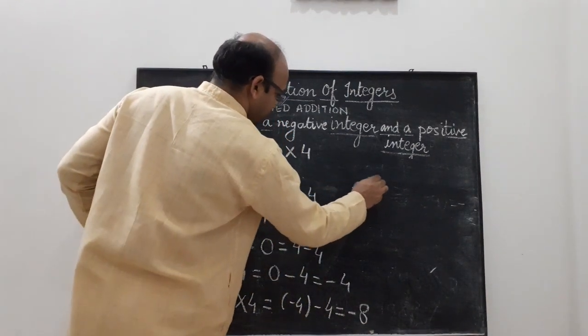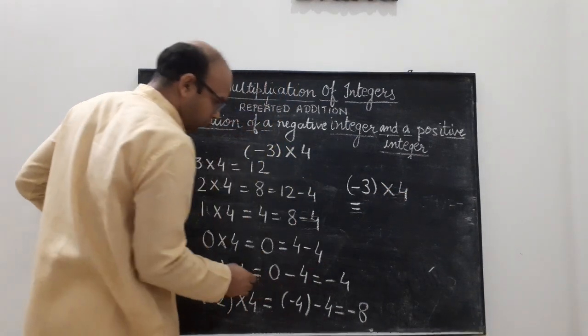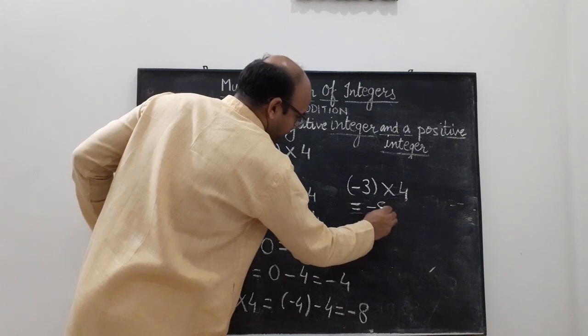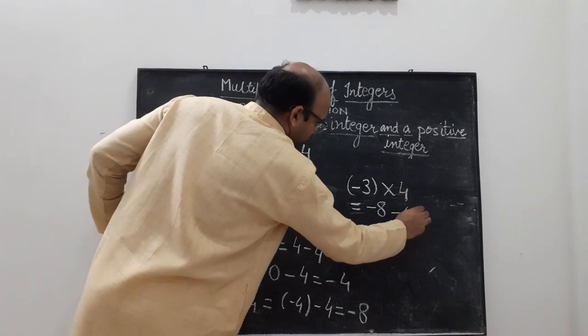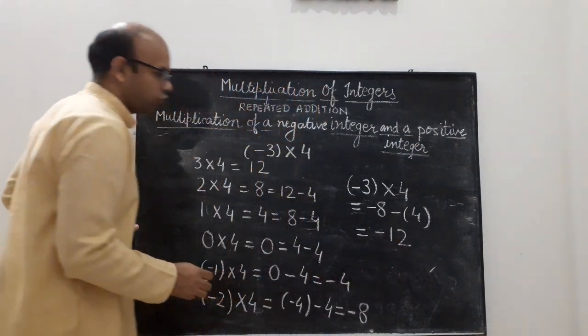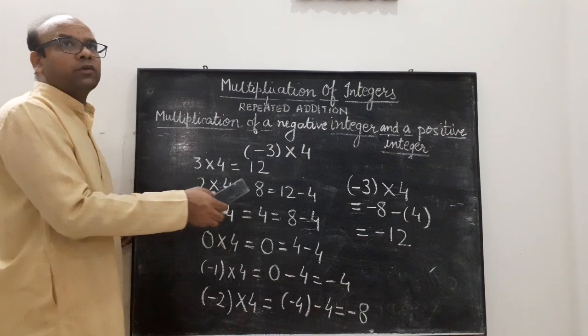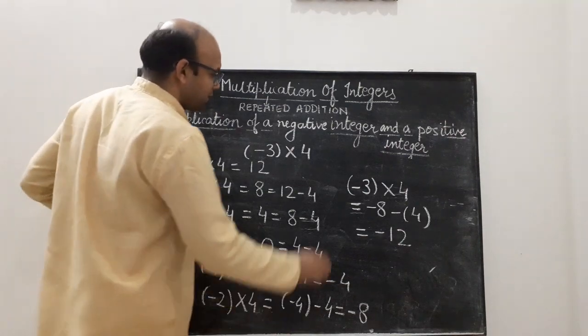Similarly, minus 3 cross 4 will be minus 8 minus 4, and the outcome is minus 12.